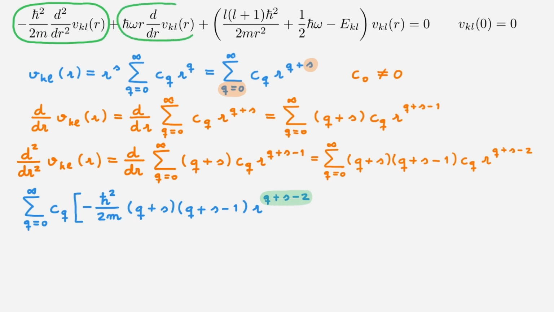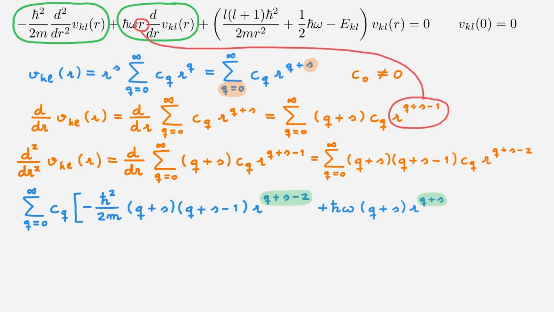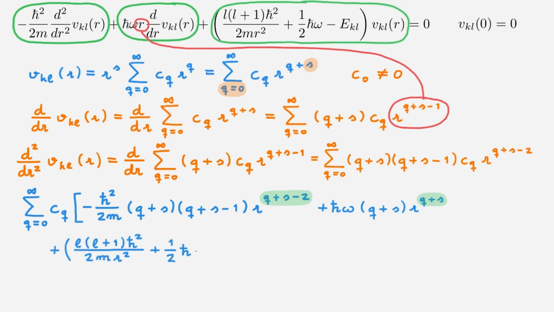Moving to the second term at the top here, we have this prefactor, and then the first derivative of the power series. Note that the power is now q plus s, which we get by combining the q plus s minus 1 power here with the r factor all the way over here. Moving on, we have the third term here, which gives this long prefactor, times the power series, and finally all of this equals 0.